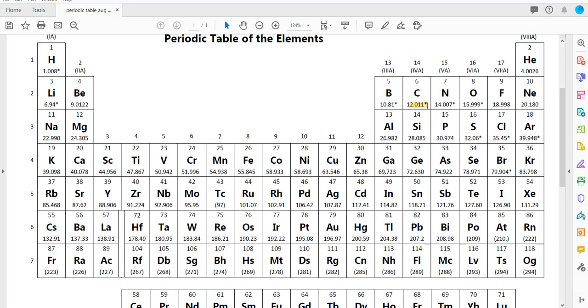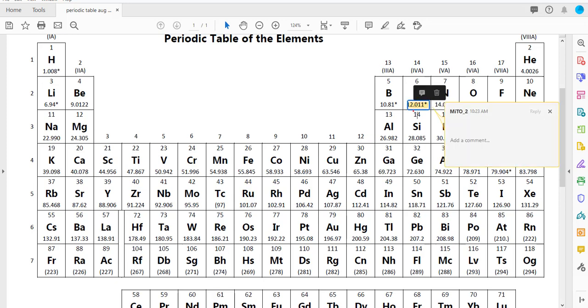And the purpose of atomic mass is it's a weighted average, allowing us to ignore variations in isotopic masses. So this weighted average for the atomic mass allows us to ignore the different types of isotope masses. It makes all the calculations very nice and neat.